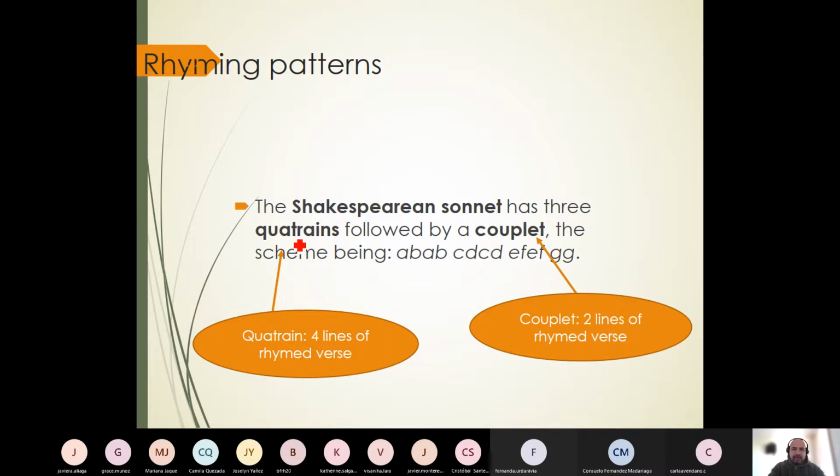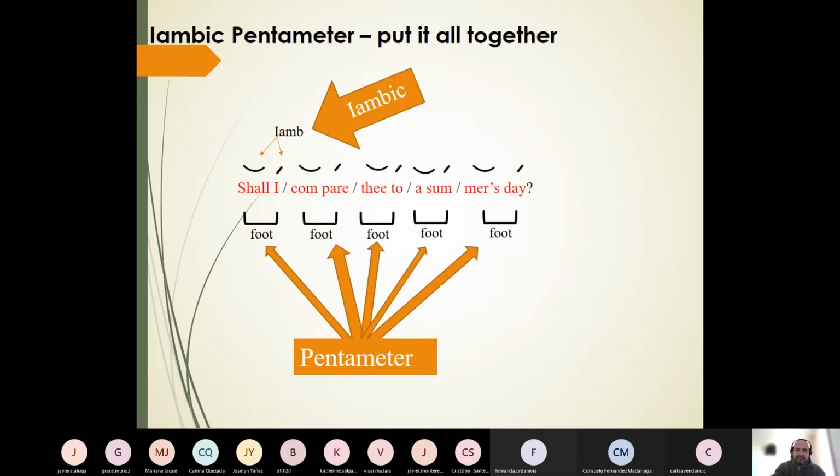A quatrain, if you pay attention to the name, has to do with 4, or Spanish cuatro. So a quatrain has 4 lines. So if you get 4 lines and then 4 and then 4, you get 12. And the final couplet is a pair of sentences, 2 lines.